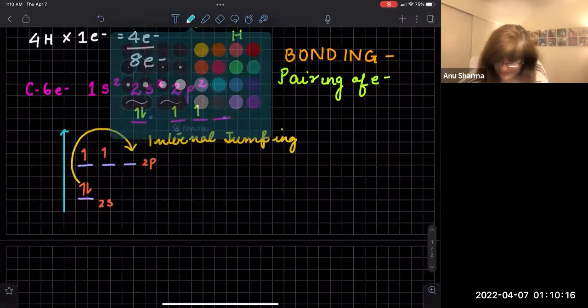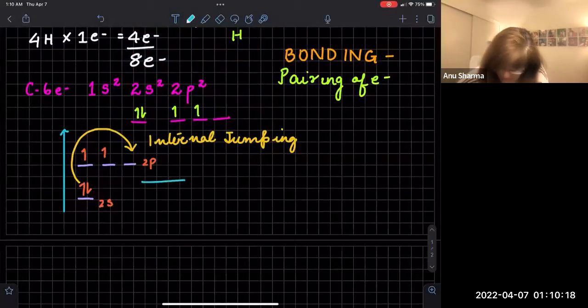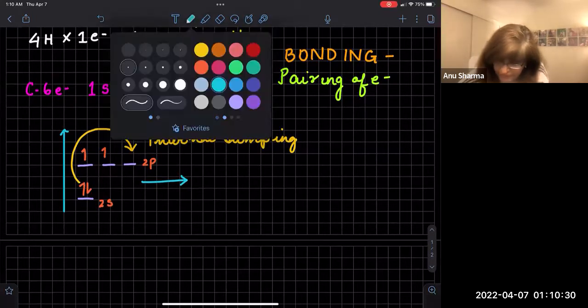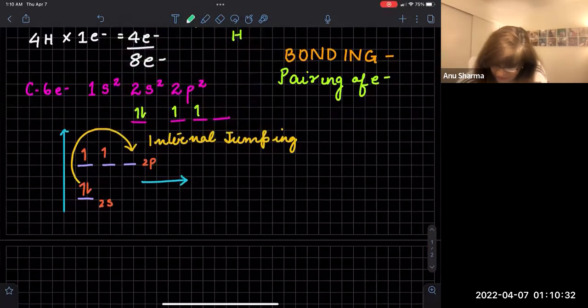Now when that happens, all these s and p orbitals begin to mix. The p lowers its energy, the s raises its energy a little bit, and a set of new orbitals forms, which is sp3, and all four of them have the same energy.